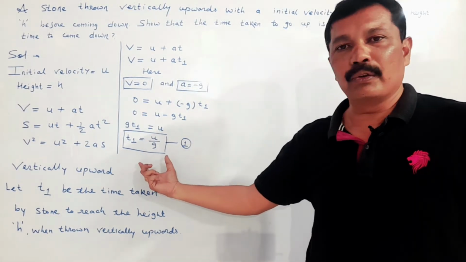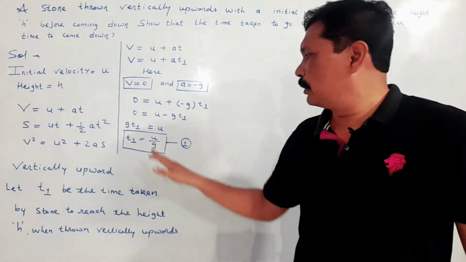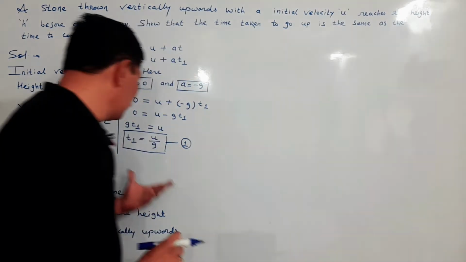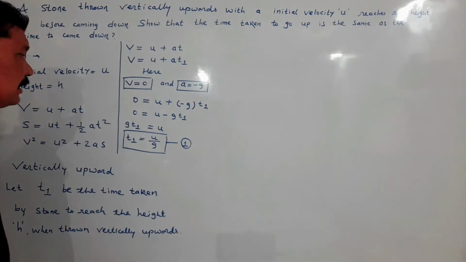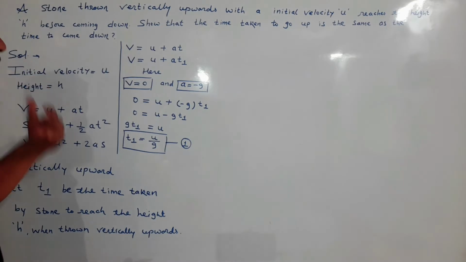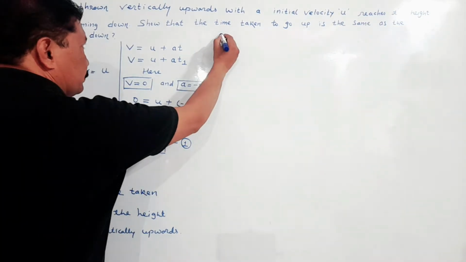So this we have to show that the time taken by an object falling down will be equal to U by G. But my dear student, here time is given to us. Now we will find in this time the expression for height. Definitely we can find the height also.